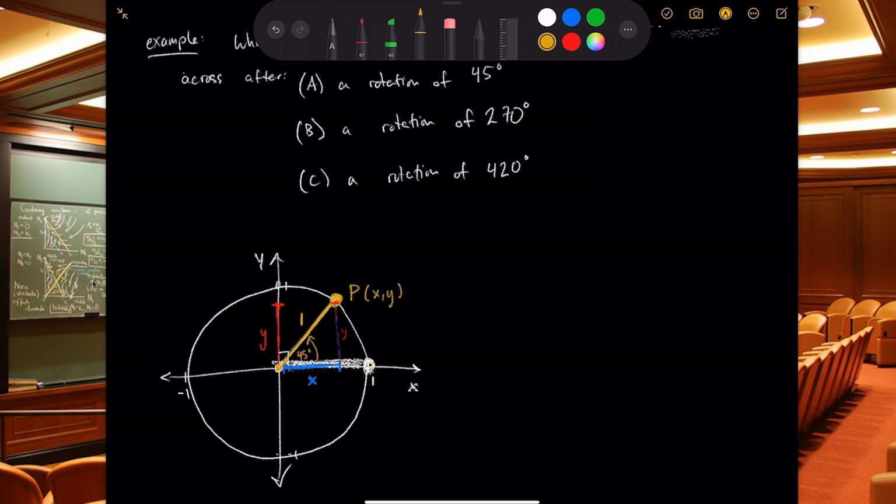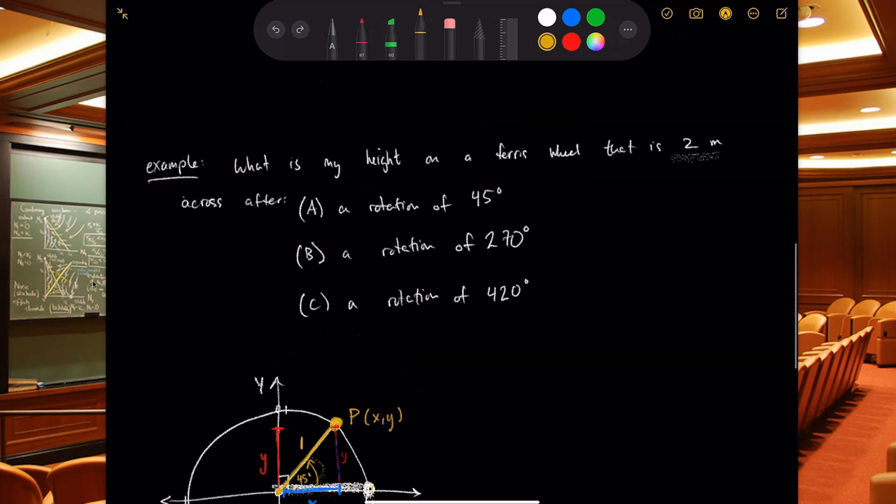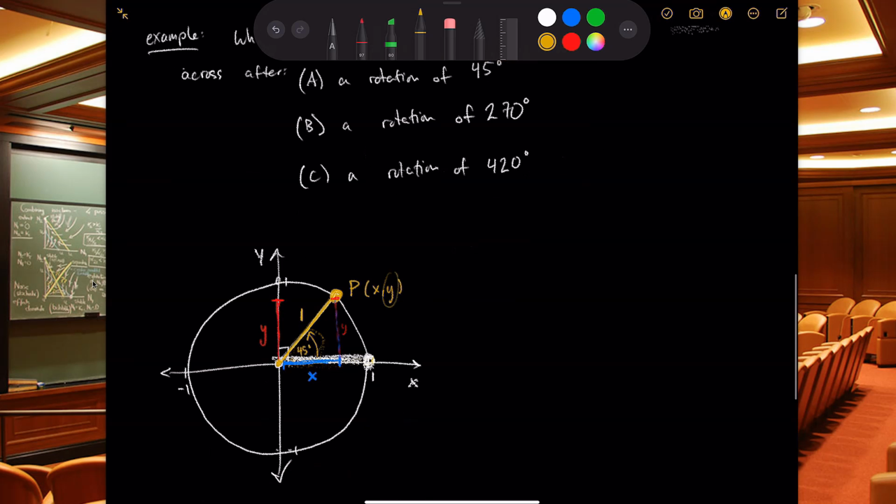So I have a radius of 1, which is my hypotenuse of this triangle. I have this angle, hopefully that's helpful. And I'm looking for this side length. I want the height in the air, so I'm looking for y.